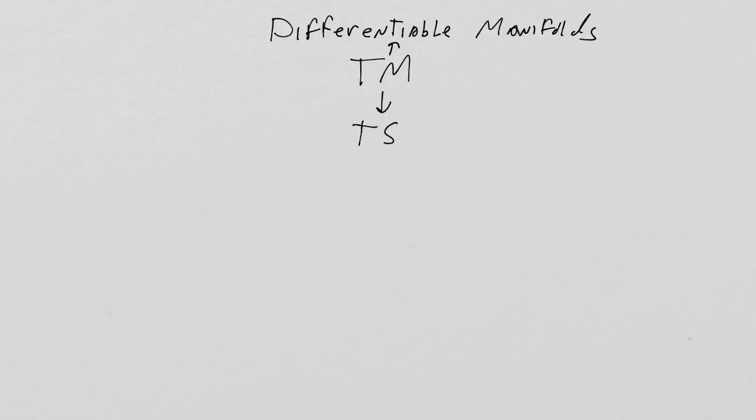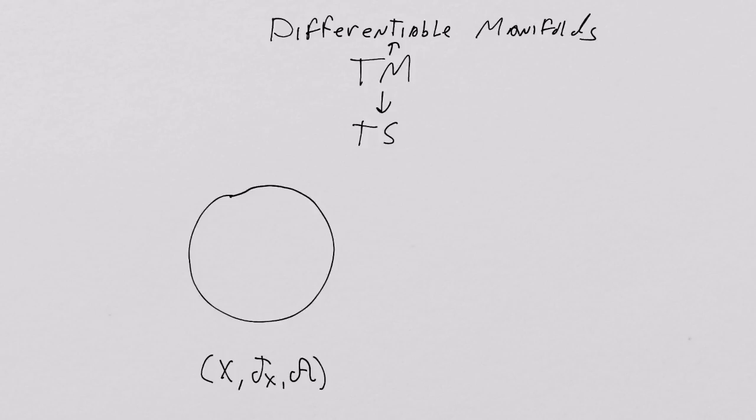And we begin with the basic canonical picture of a topological manifold, which is a topological space X with its topology and an atlas. And remember that an atlas is the set of charts on the topological space, and these charts have a chart region.